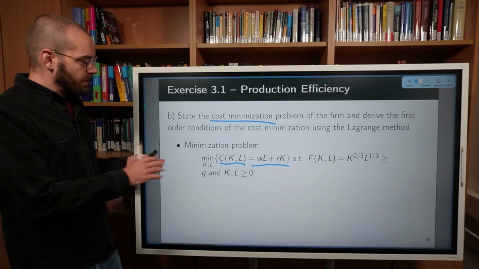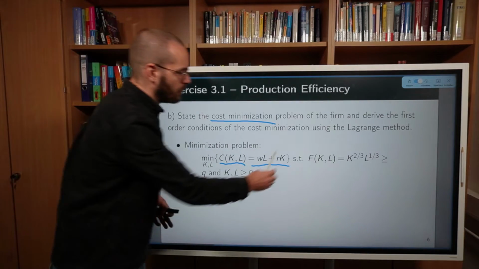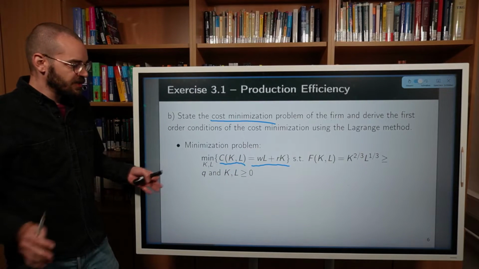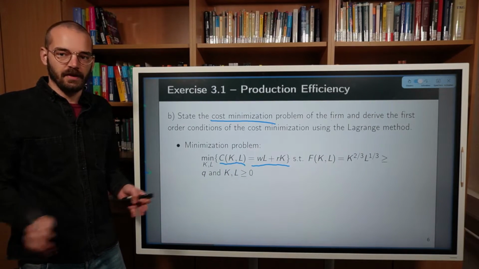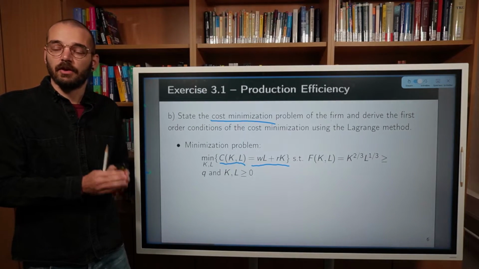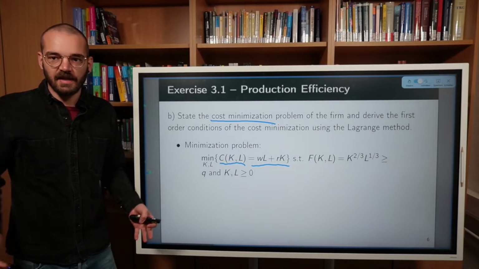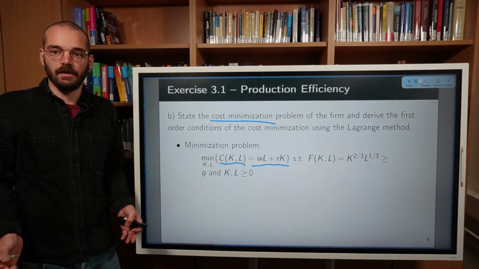Now this cost minimization, trivially, if we forgot about what else is written on the slide, the solution would trivially be the corner solution where we use 0 capital and 0 labor, because in that case costs are simply 0.